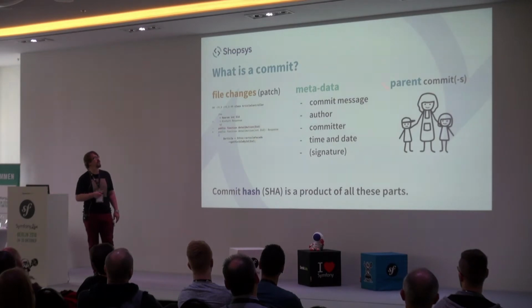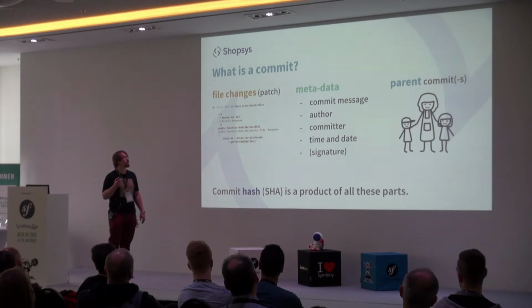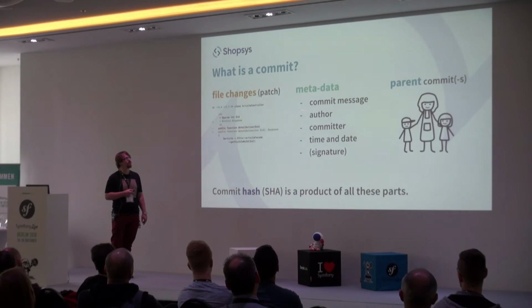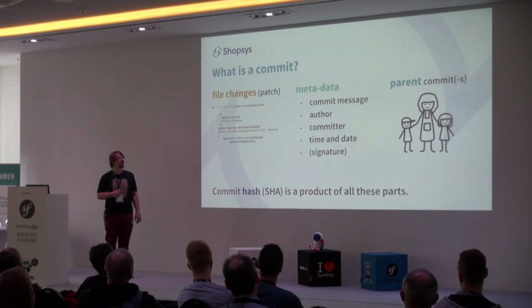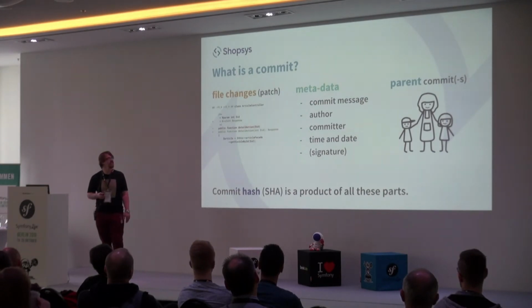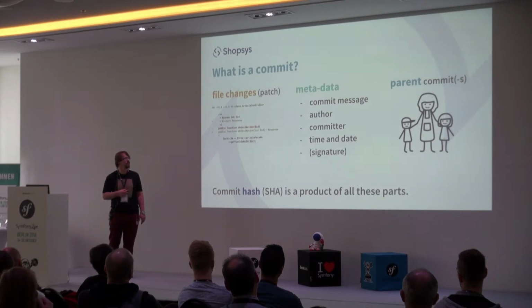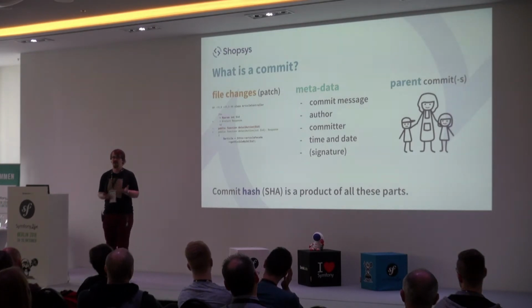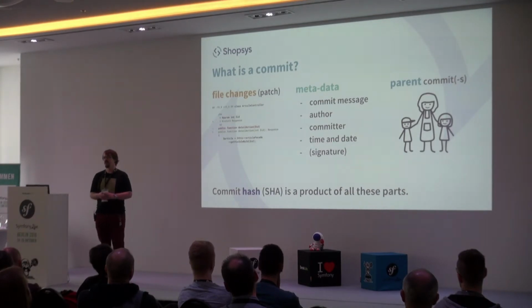So then there is the metadata. The most important, or the most well seen, is the commit message, and that should describe why you made the change, what really happens there.